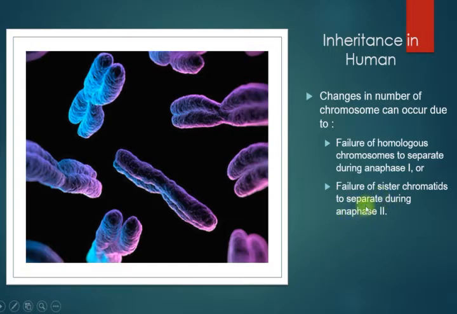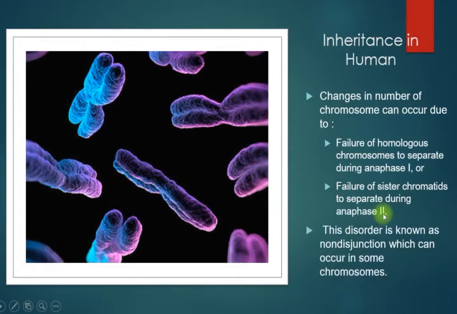Okay, what happens in anaphase 2? The sister chromatids, or the chromosomes, separate to the opposite poles. So if the sister chromatids fail to separate, it will cause changes in the number of chromosomes in the cell. This disorder is known as non-disjunction.